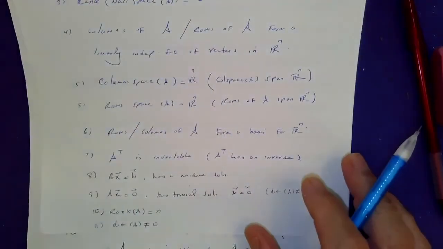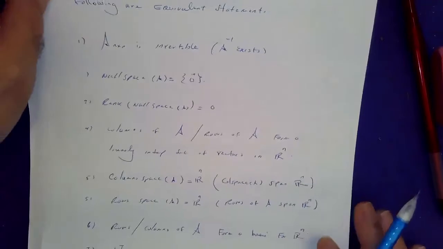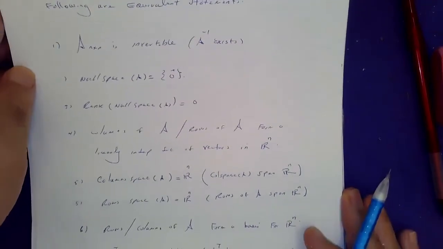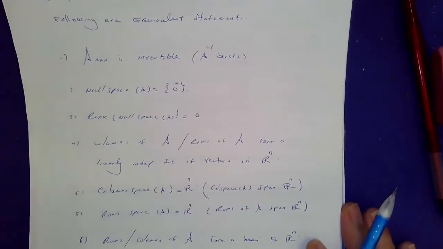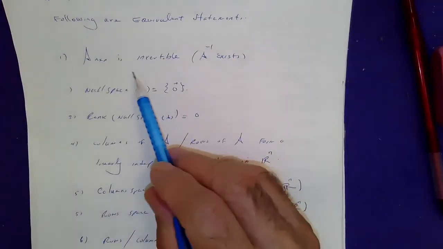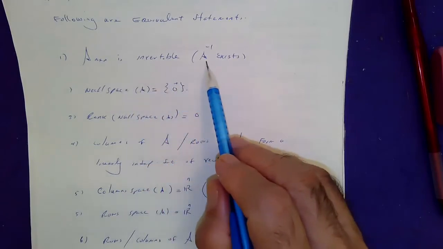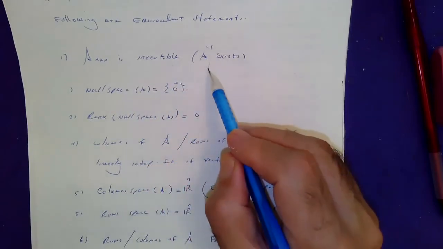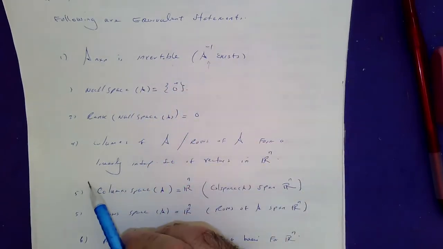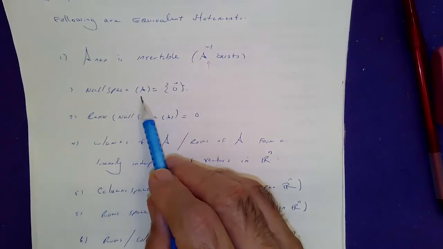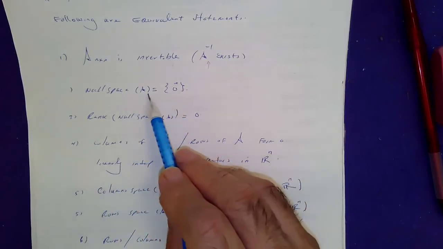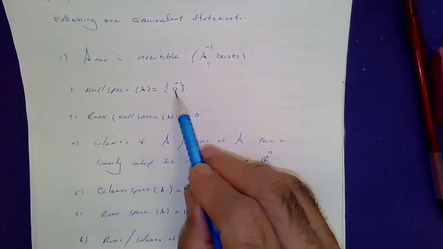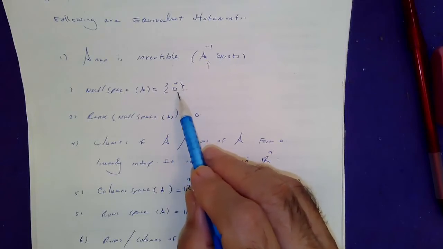You see it. Additional properties of A inverse. It will be nice if you remember these also. A square matrix is invertible, that means A inverse exists. The null space of matrix A is a space containing nothing but the zero vector.